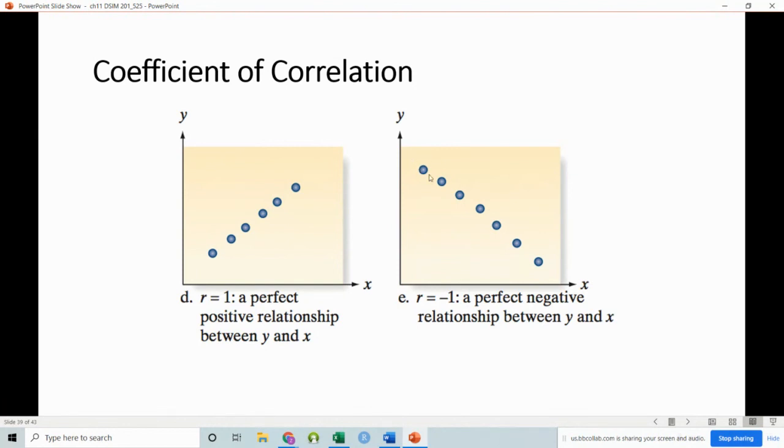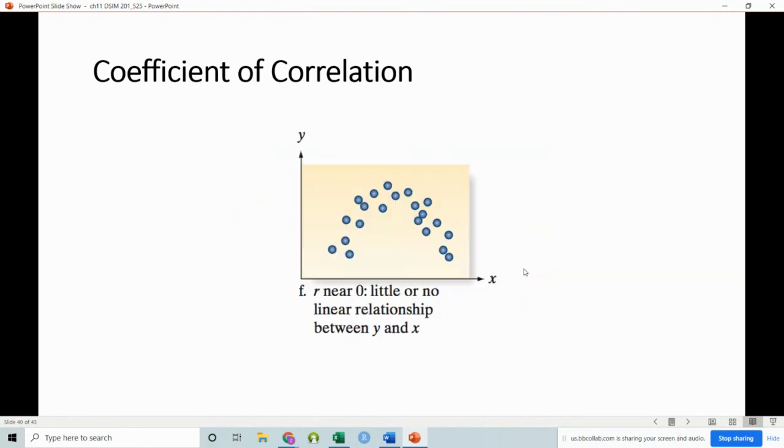All of our points will fall on the regression line. It'll just be negative. Finally, if it looks something like this, it is either not correlated at all, or it is correlated but not linearly. So this looks more like a quadratic function, like a hyperbola, just upside down. So we're not going to get into nonlinear regression, don't worry.